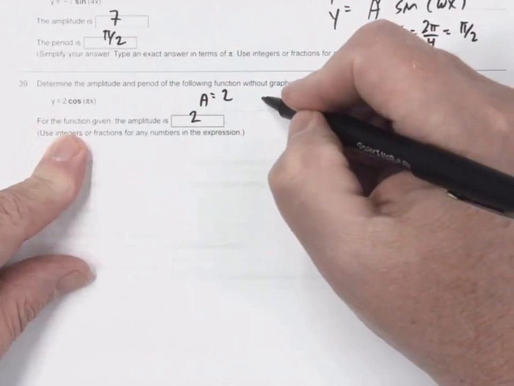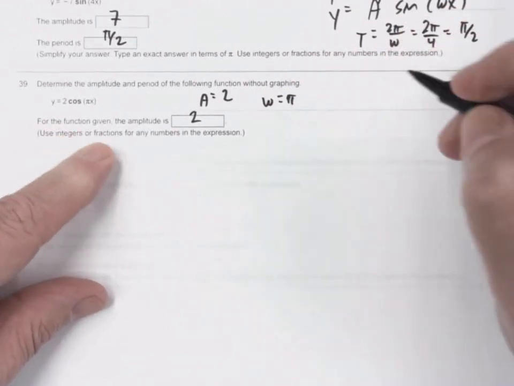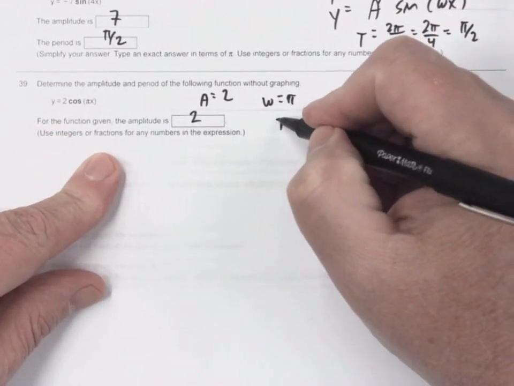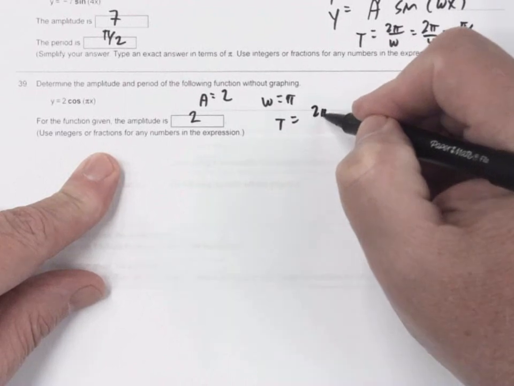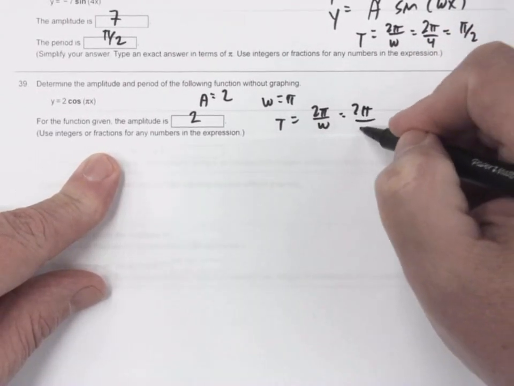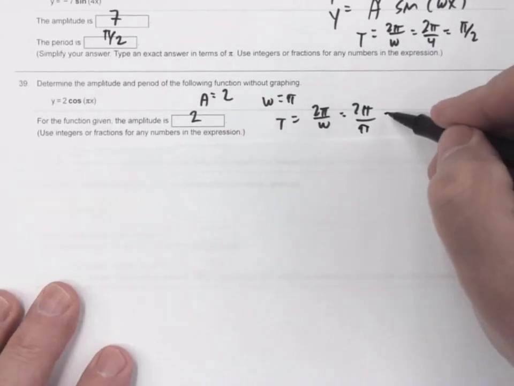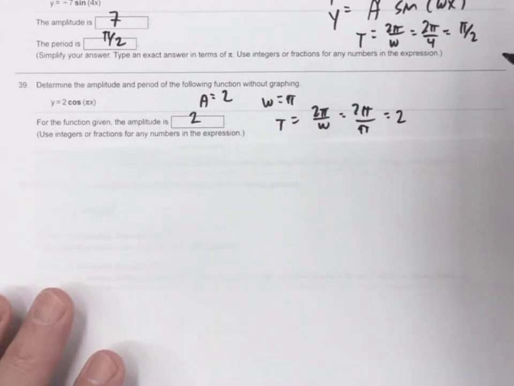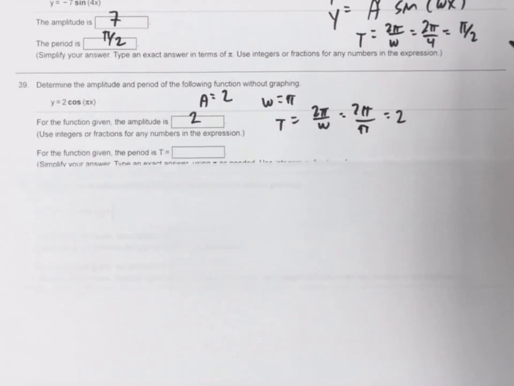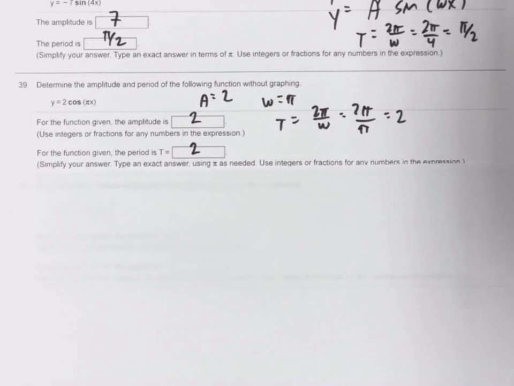The omega, in this case, is pi, so the period is 2 pi over omega, 2 pi over pi. Those pi's cancel out, and the period should be 2. So actually both answers are 2, and that is correct.